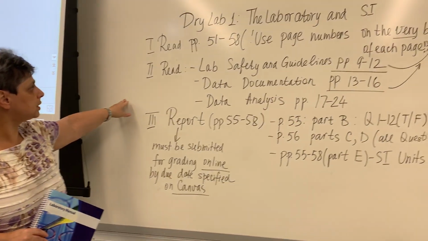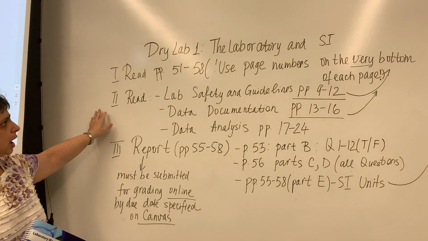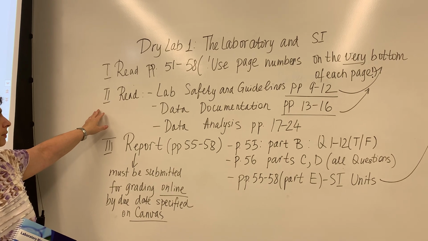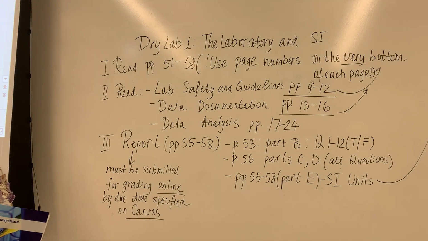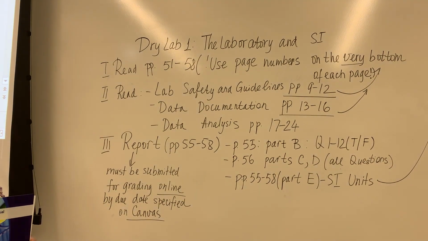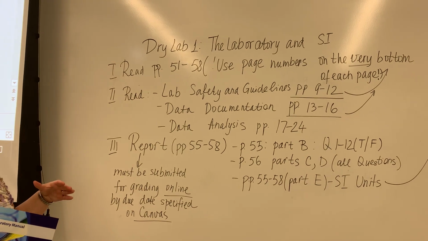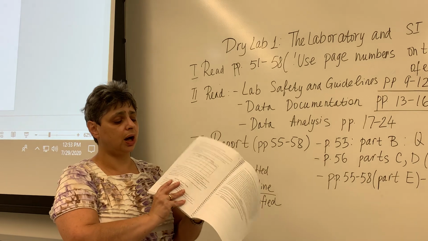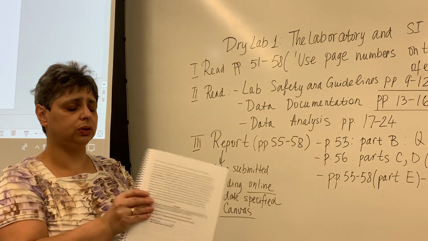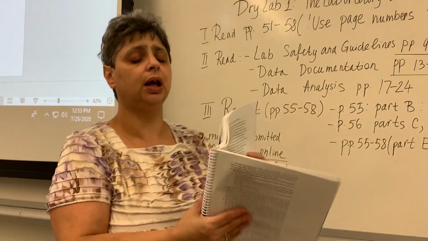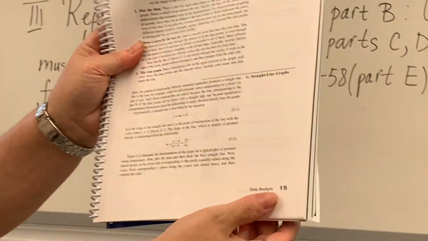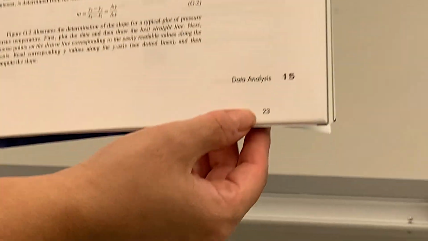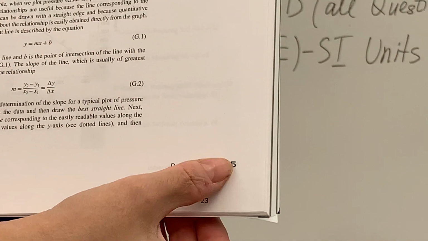So your assignment will consist of several things. It's basically a report sheet for the dry lab on SI, but before we talk about that, I'd like to point out that because this is a custom lab manual, one issue you will encounter is that on each page there are two page numbers, so hopefully you can see.